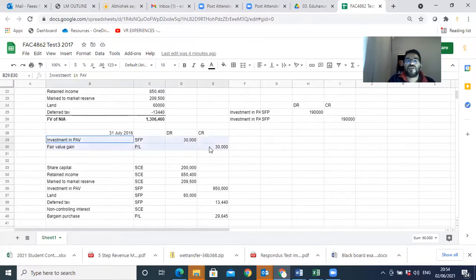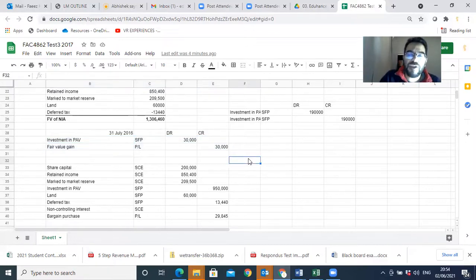In this case, it happens to be a fair value gain. What's the thinking behind it? When there's a change in ownership that results in a change in the nature of the investment, what do you have to do? You are deemed to have disposed of your original interest at fair value and then immediately reacquired it at fair value. So the fair value adjustment happens to be 30,000.